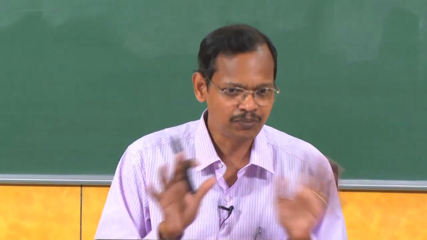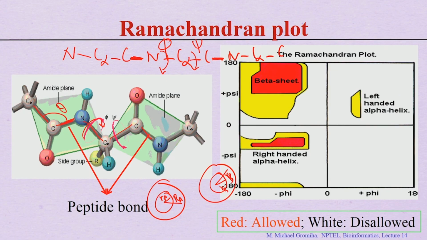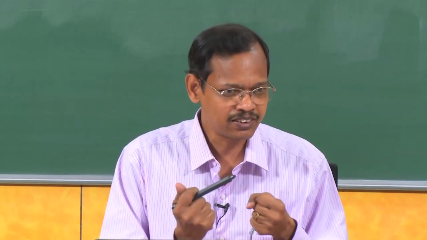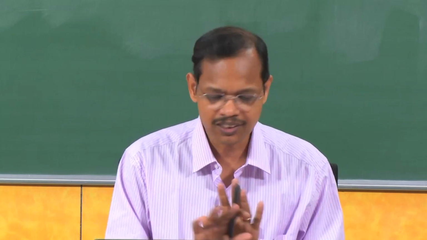In this case, the rotations are allowed. If it is less than R A plus R B and more than small r A plus small r B, then it is possible, but not freely possible. In this case, it is partially allowed. If it is less than small r A plus small r B, the van der Waals radii, they clash. In this case, it is not possible. This is called a disallowed region.